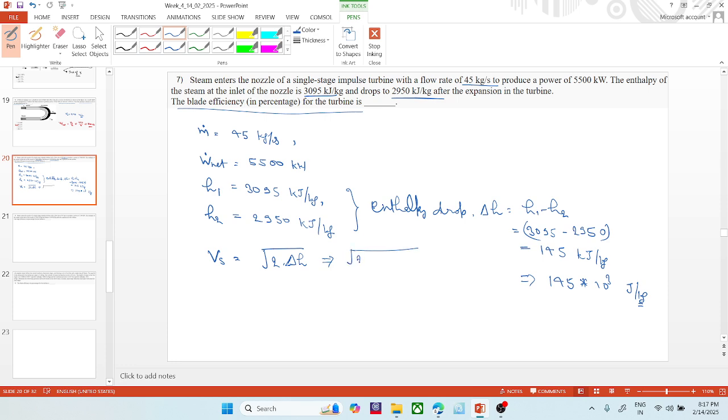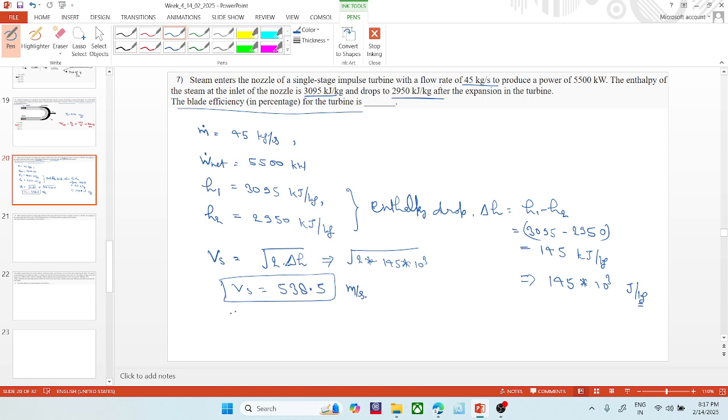So the expression would be 2 into 145 into 10 to the power 3. So Vs value we will get here 538.5 meter per second.